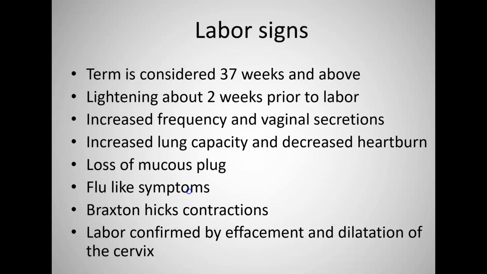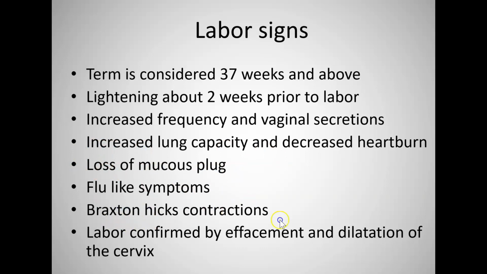And lightning is almost like you're getting ready, like you're having a lot of movement and fluttering and stuff. Increased frequency in vaginal secretion, increased lung capacity. They'll lose what they call the mucus plug.